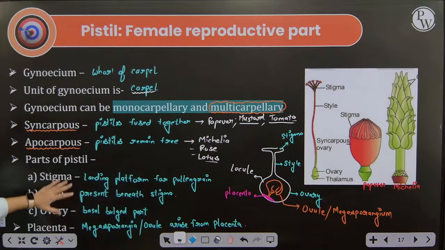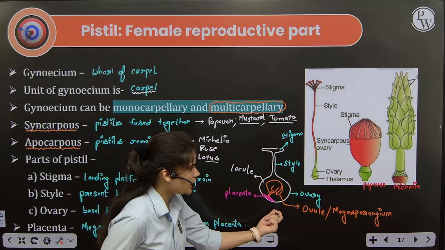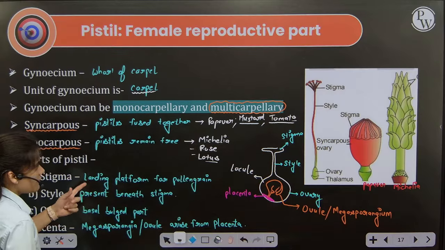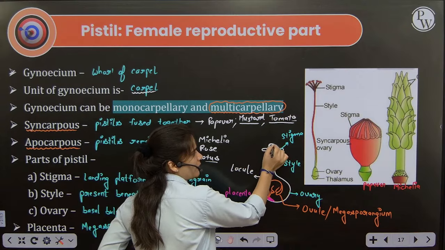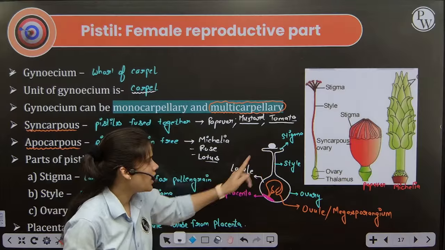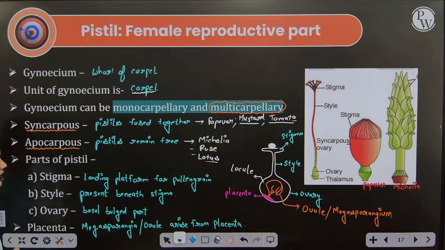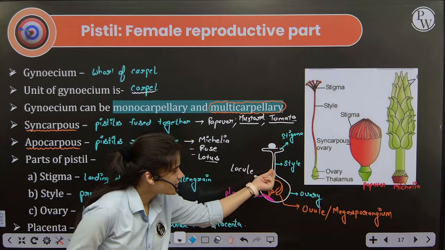Next, parts of the pistil of the female reproductive part. It has three parts: stigma, style, ovary. What is stigma? Stigma acts as the landing platform for the male gametophyte, that is the pollen grain. Style: beneath this stigma, this stalk is present, that is style.